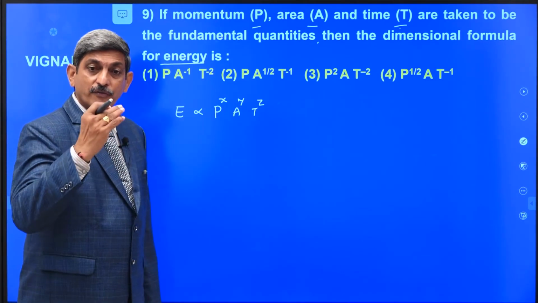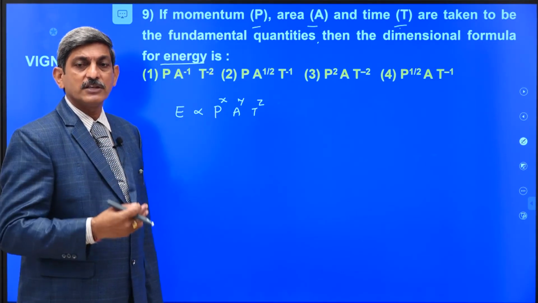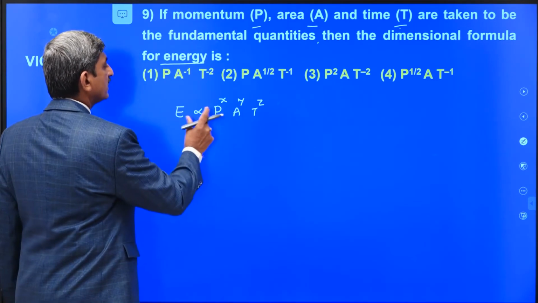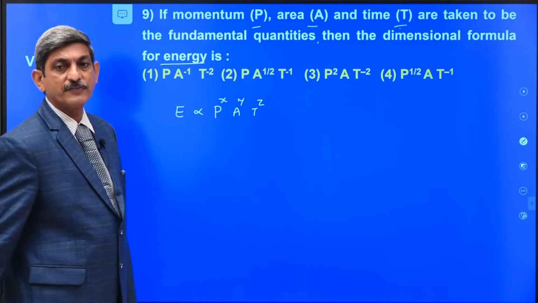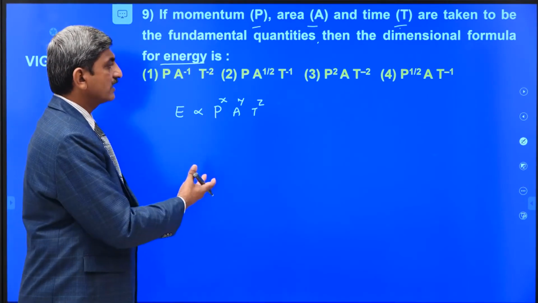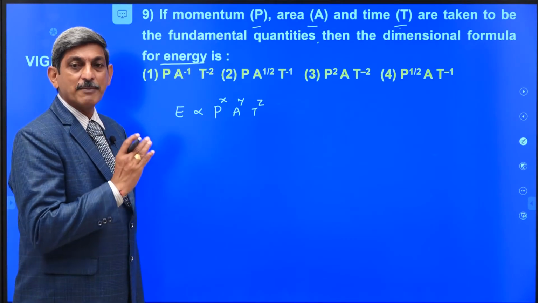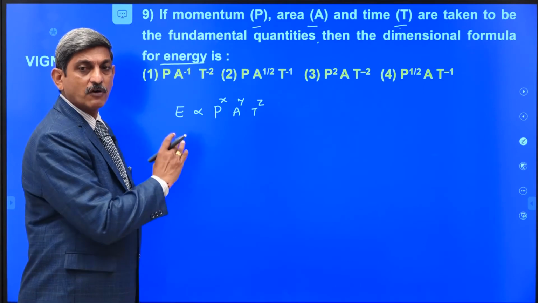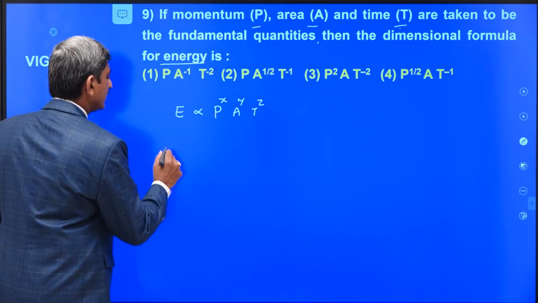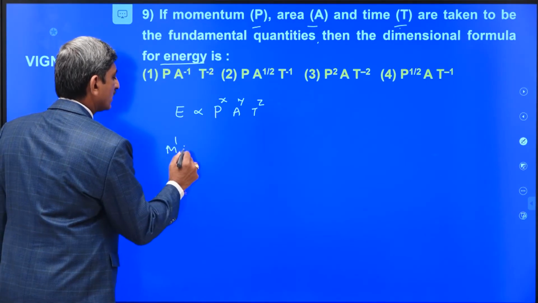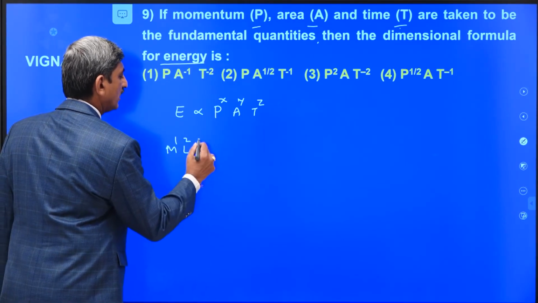If we calculate the x, y, z values, then we can express the dimensional formula of energy in terms of the given fundamental physical quantities. For that, we should know the dimensional formulas of each and every term involved in the problem. We know the dimensional formula of energy, that is M1 L2 T minus 2.